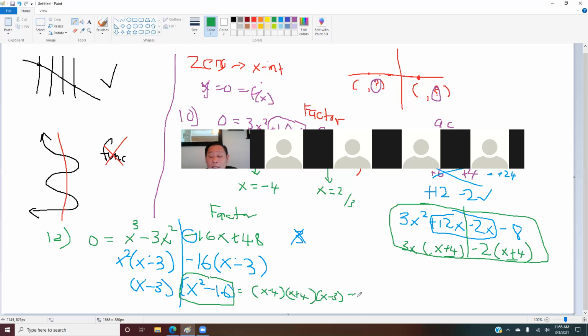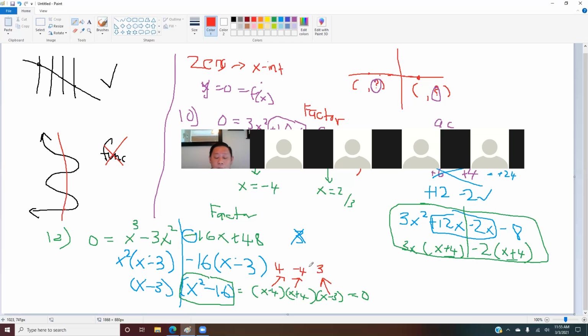And you have to make all these equal to 0. So how many answers do we have in this question 12? You will have 3 answers. The answers are what? Anyone? What is your answer? Negative 4, 4, and 3.